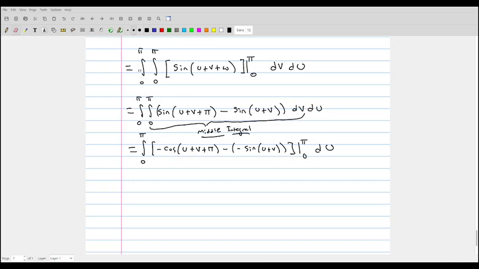Not negative sine, negative cosine. So it's the integral from 0 to pi of negative cosine of u plus v plus pi plus cosine of u plus v. And this has to be evaluated from pi to 0.